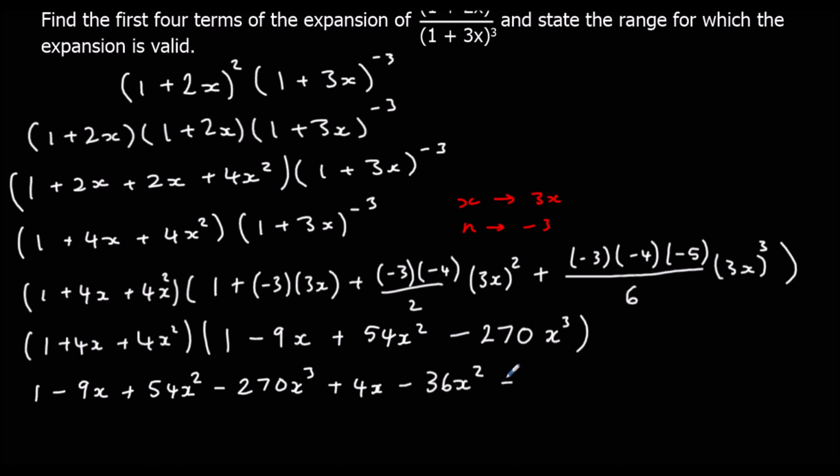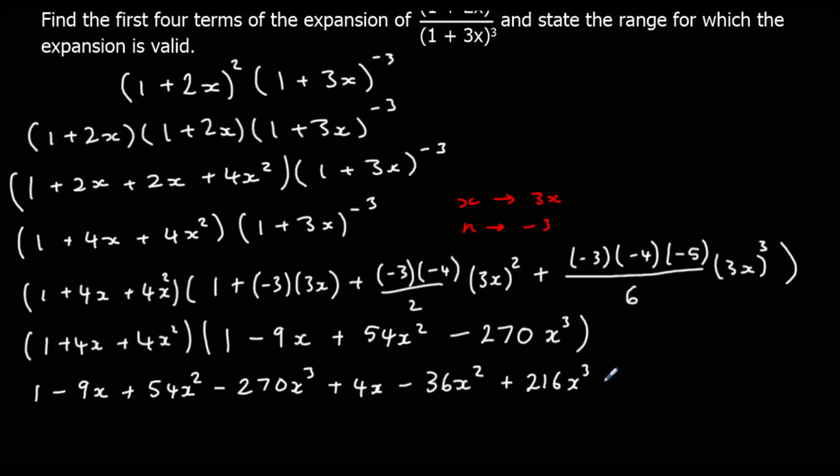It's a positive times a positive, 216x cubed. And we don't need to work out the next one because it'll be to the power of 4. 4x times 270x cubed will be to the power of 4, and we don't want it, so we're going to leave it. So moving on to the 4x squared.